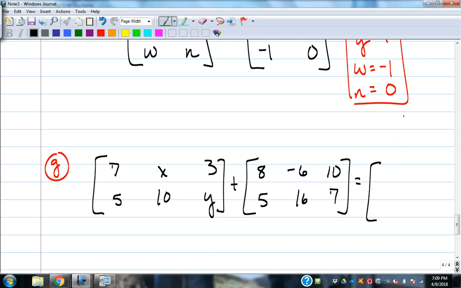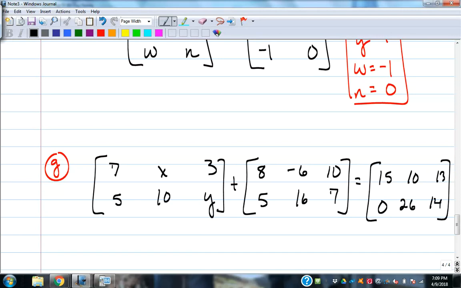What size are both of those? 2x3. So when these two add together, they have to be equal to a 2x3: 15, 10, 13, 0, 26, 14.